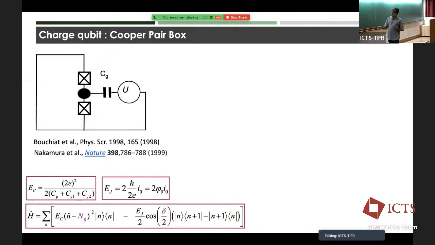And then this is the Josephson term, which basically plays a role when the charge changes number, because it has tunneled in and out of this Josephson junction on the other side. So it connects two different charge states, and it gives you this energy term EJ cosine delta, where this delta is actually related to the phase difference which is developed across this junction when you have a flux over here.